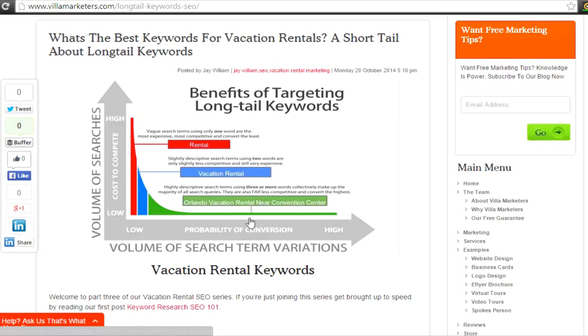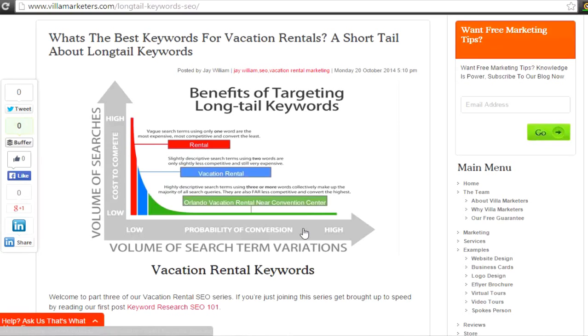What I mean is, let's look at this graph in a different way. We've got the red, the blue, and the green, and let's look at it from the point of view of probability of conversion. So the red has a very low probability of conversion because it's so general. The blue also has a very low probability of conversion. Now the green, however, this long tail keyword, has a very high probability of converting into an inquiry and hopefully into a booking if you're doing things properly.